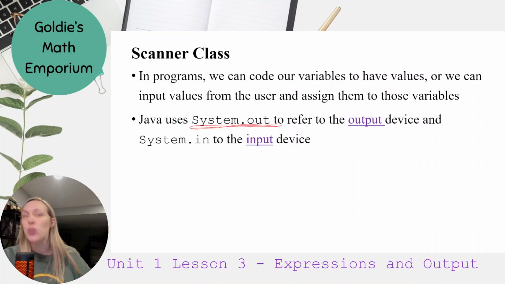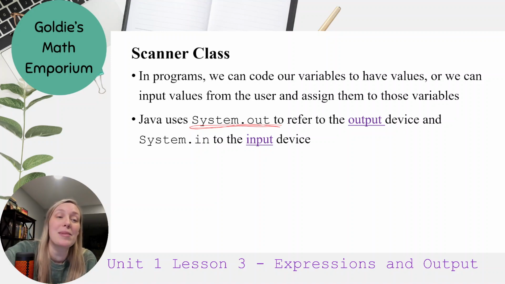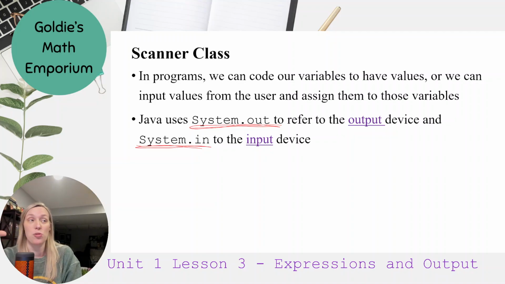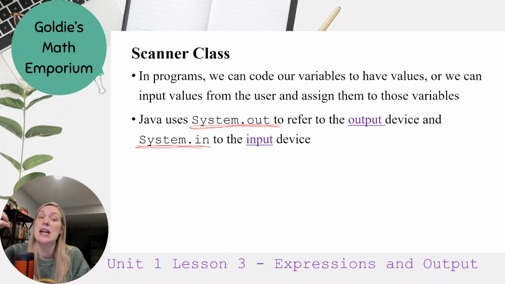We just used it, okay? Because the code for it to actually get the text to the screen has already been written for us. And it's going to be the same thing with the System.in that we're going to use. You can just use System.in in your program when you need it, and you don't actually have to import anything.